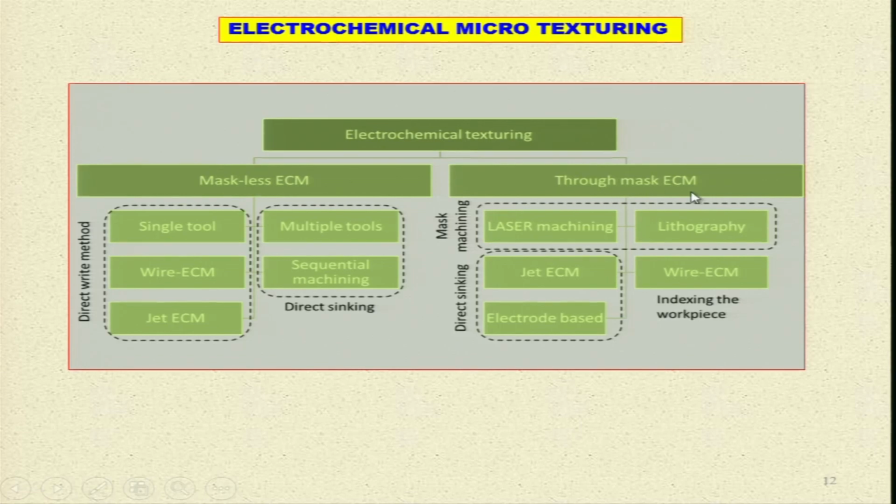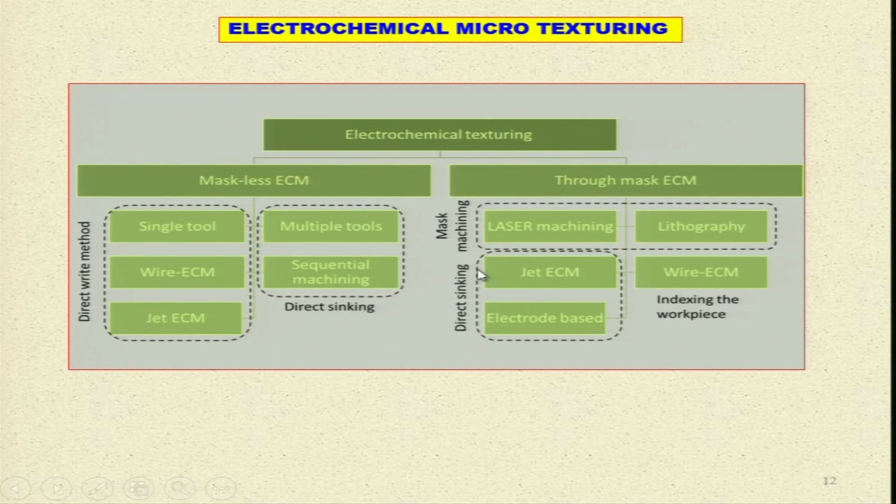Mask is being used and in the bare area where there is no mask, the material is being removed. So, first thing is you have to prepare the mask. Mask preparation or mask machining you can do with the help of laser machining, or laser machining then lithography.